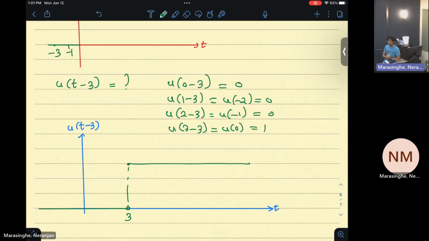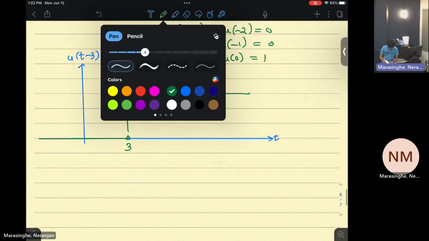It's a very easy problem. It's u(t minus 3). So what can you say about u(t minus 5)? Then you are taking the step at 5. So that would determine where you are going to take the step.